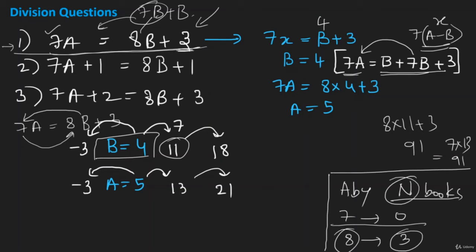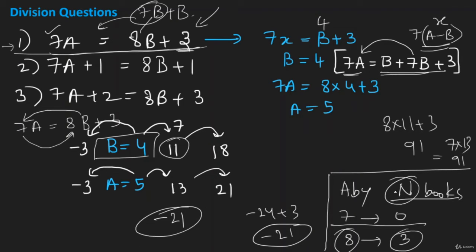Let's see if that works. 7 into minus 3 is minus 21. 8 into minus 3 is minus 24 plus 3, which also gives you minus 21, and these two are equal. So we have seen that b moves in steps of 7 and a moves in steps of 8.